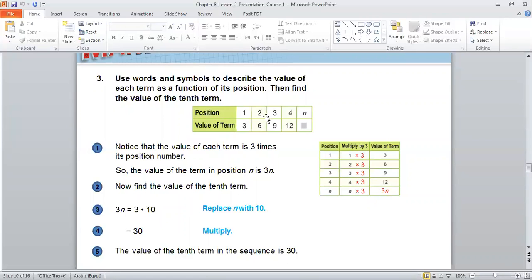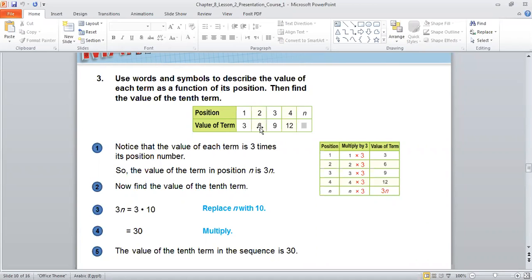Again, 1 multiplied by 3 gives me 3. 2 multiplied by 3 gives me 6. 3 multiplied by 3 gives me 9. 4 multiplied by 3 gives me 12. So every time I multiply by 3.